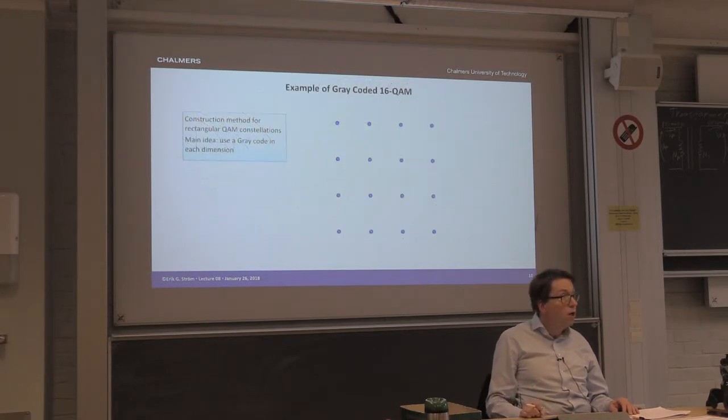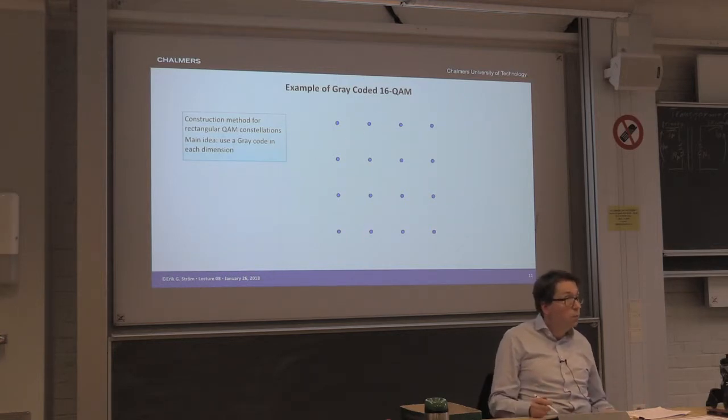So if we want to look at how to do that, the idea here is that we have now a 16 QAM constellation, and we need to put bit patterns along in this, 4 bits per point.